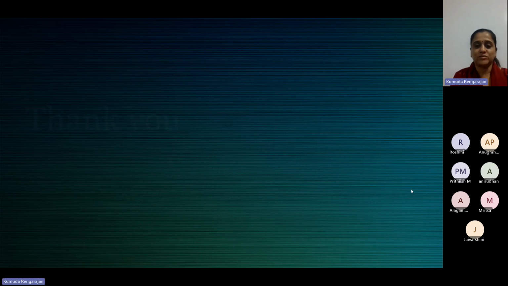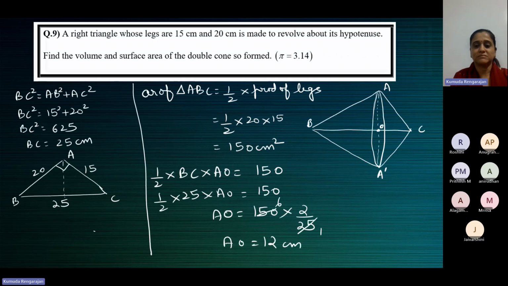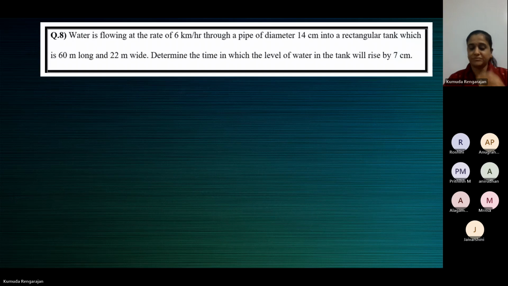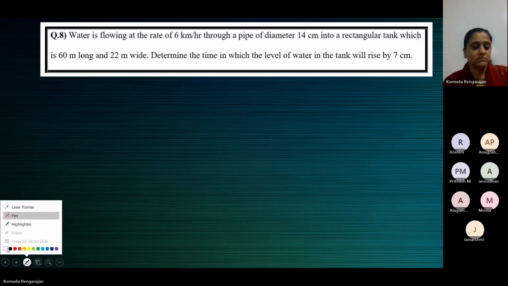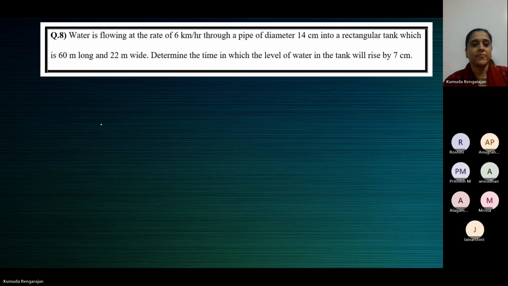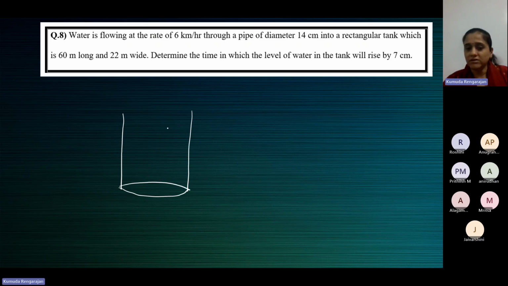I'll just ask you one question. Supposing there's a cylinder, a solid cylinder, and from one end of the cylinder, we remove a cone.